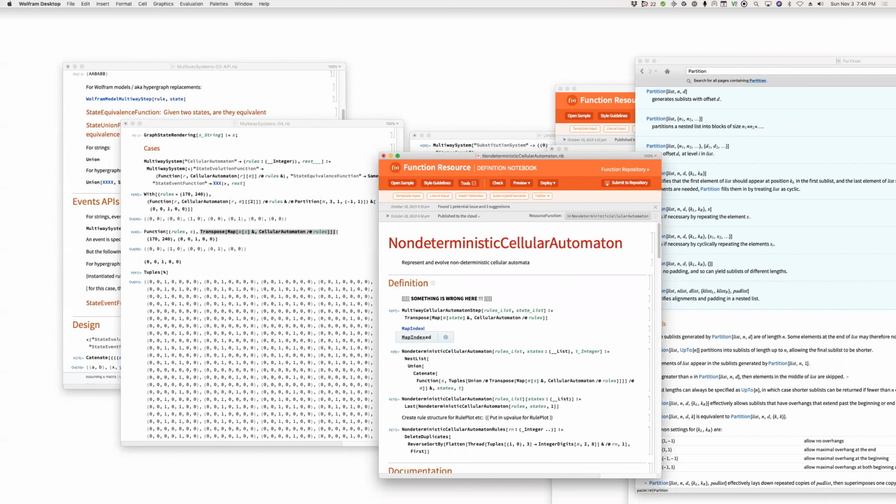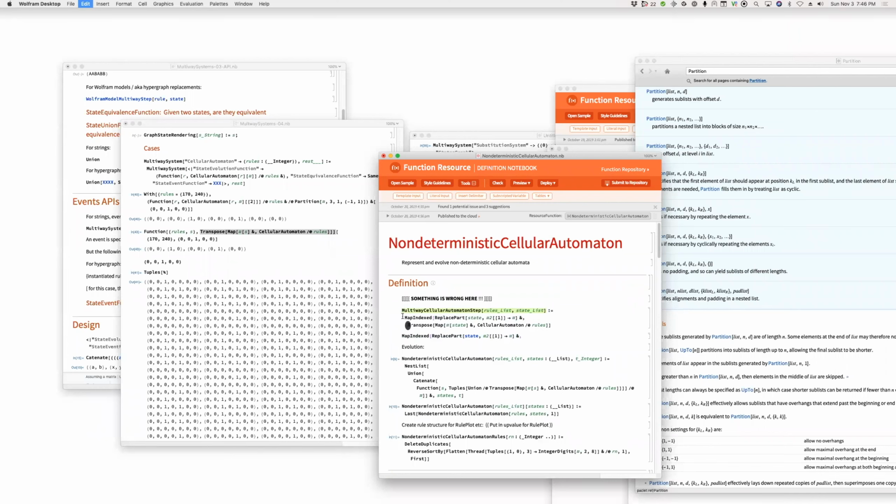I claim it could be a map indexed of replace part state, #2 sub 1 arrow hash, at, onto that transposey thing at level 2, I claim.